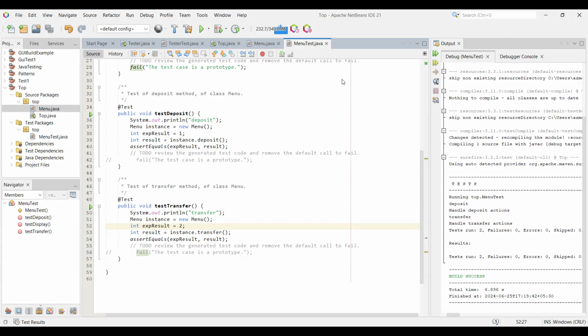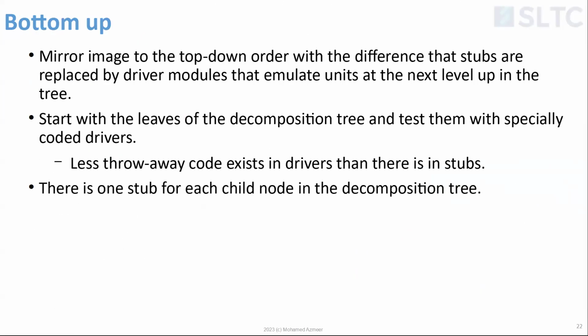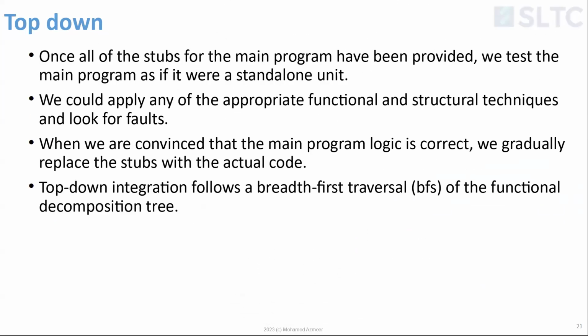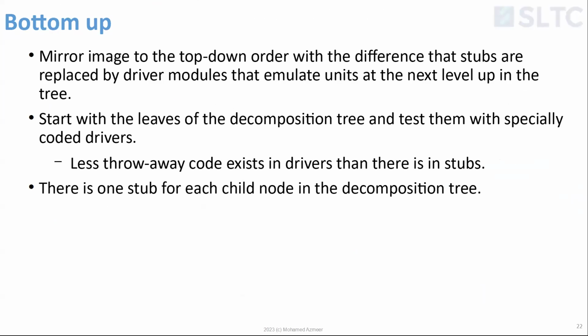So this is what I wanted to show you as an example of the top-down method. Okay. So what is then the opposite of that, the bottom-up method? This is called the mirror image of the top-down. So bottom-up is the mirror image, with the difference that stubs are replaced by driver modules that emulate units at the next level up in the tree.